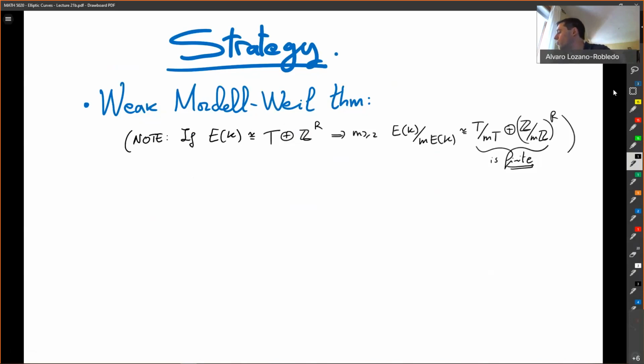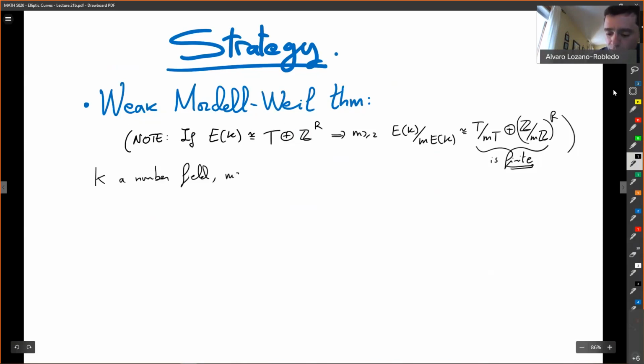So we're going to first prove that. The weak Mordell-Weil theorem is going to tell us that if K is a number field and M is an integer, then E(K) modulo M E(K) is a finite group.